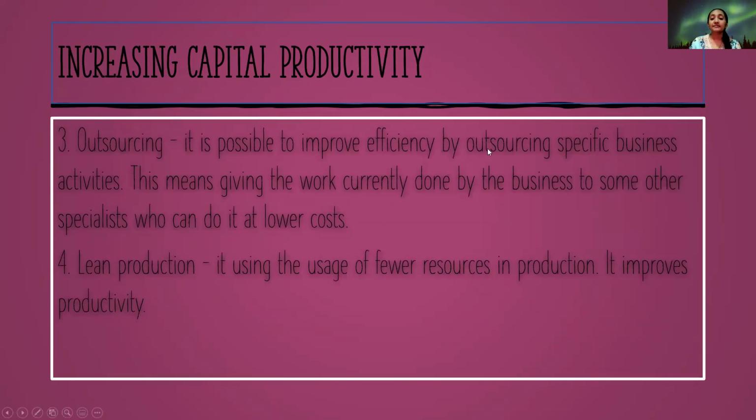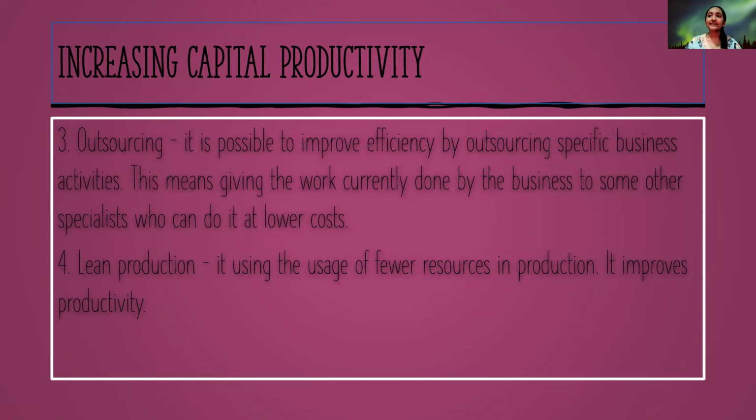It is possible to improve efficiency by outsourcing specific business activities. This means giving the work currently done by the business to some other specialist who can do it at lower costs. A business can only do outsourcing when it is already efficient, when they think they're efficient, but they want to be more efficient. So they give it to another company to do exactly the same thing at a lower cost.